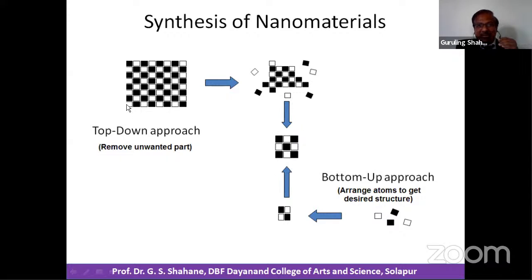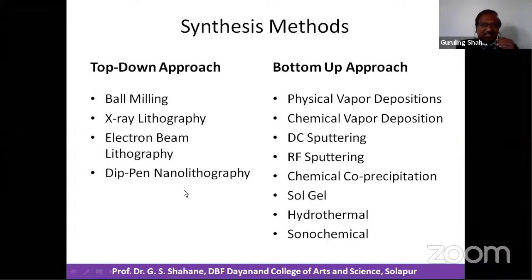It can be obtained either by a top-down approach or a bottom-up approach. In the top-down approach, we have to remove the unwanted part so as to get the desired structure. In the bottom-up approach, we have to arrange these atoms in such a fashion so as to get the desired nanostructure.